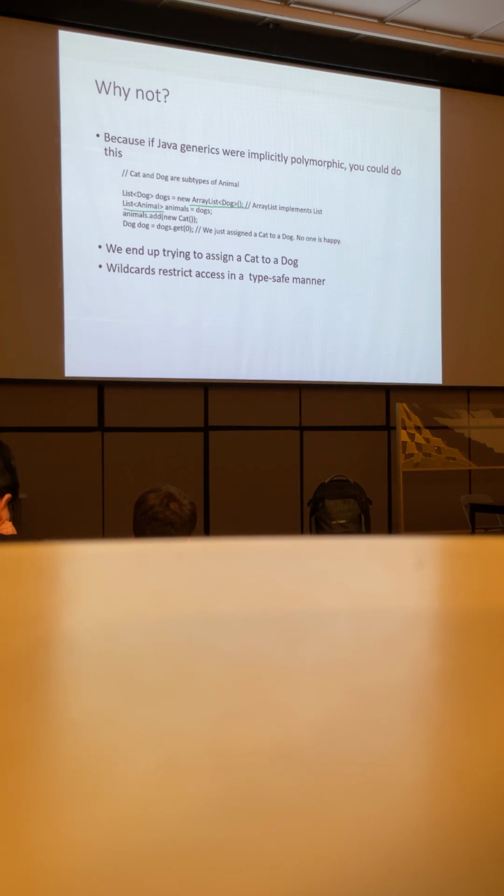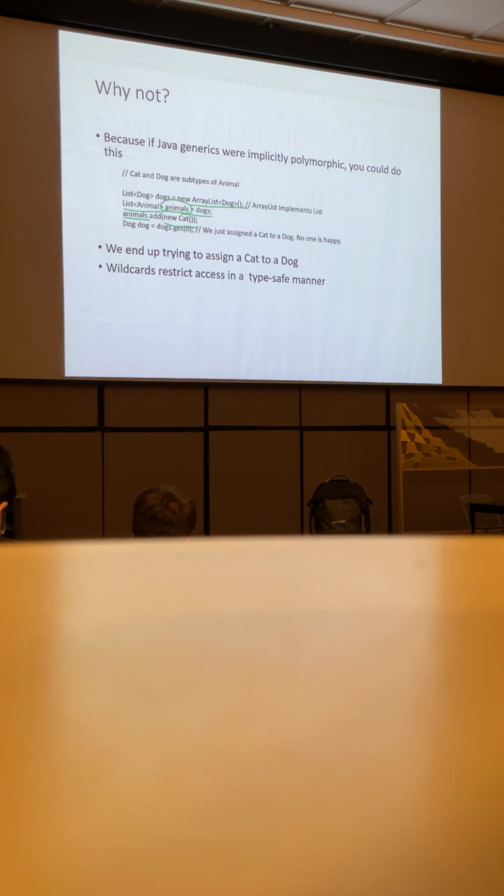If we allow the list of dog to be treated as a subtype of list of animals, then this assignment would be legal, right? That would be just subtype polymorphism, all right? If list of animal is a supertype of list of dogs, this is a valid assignment. So now, see what happens. Using animals, we can add a cat to this list, right? Because as far as their static type of animals, it's a list of any animals. Cat is an animal. We can add cat to animals list.